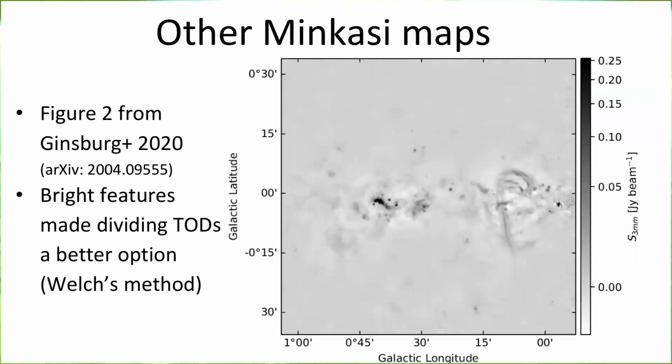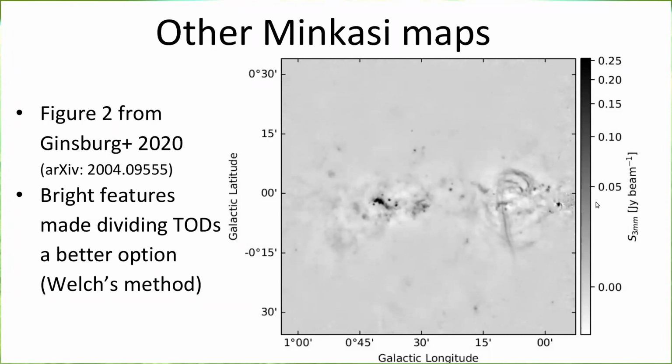Now here's a map that's 1 degree square coming from Adam Ginsberg's recent paper on the Mustang Galactic Plane Survey. And you see that it is recovering fairly large scales. There's certainly some ringing around bright objects. Notice the color scale is inverted here.